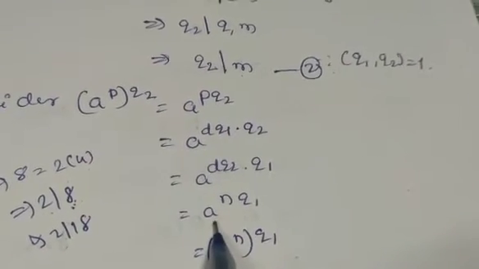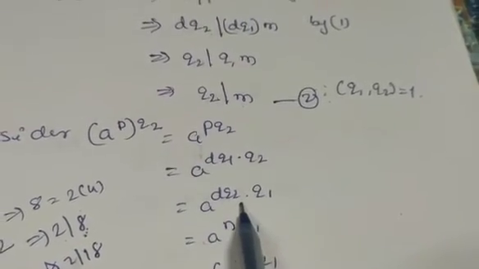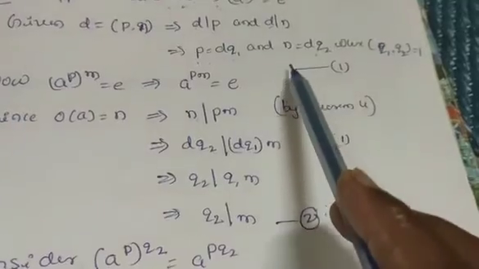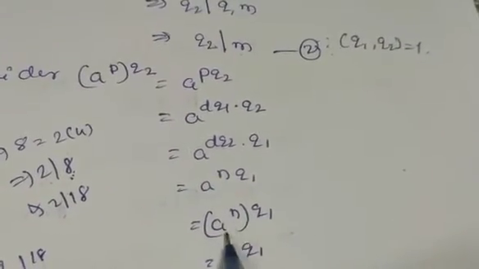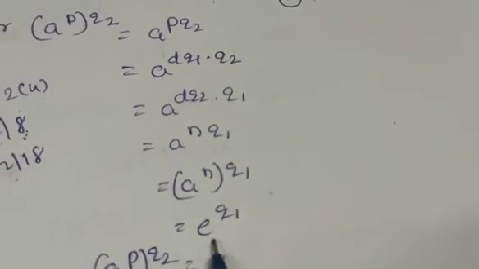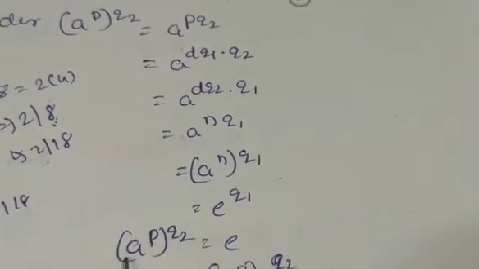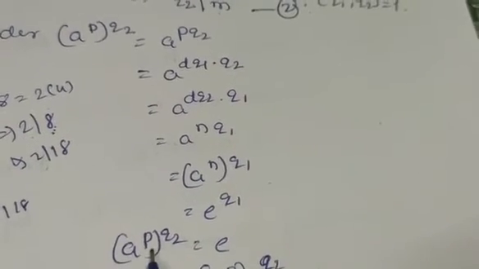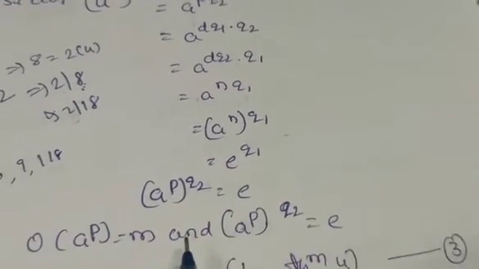So it is equals to a to the power of n into q1, because here d q2 is nothing but n. This is n into q1, and we write it as a raised to n whole raised to q1. This is equals to e to the power of q1. Therefore a to the power of p whole raised to q2 is equals to e to the power of q1, which is again e only.